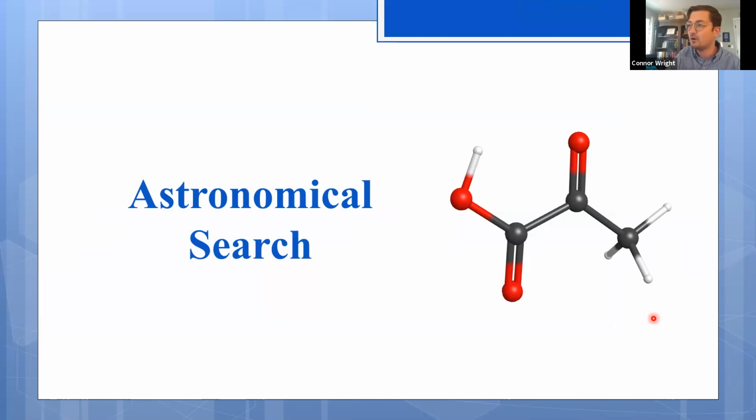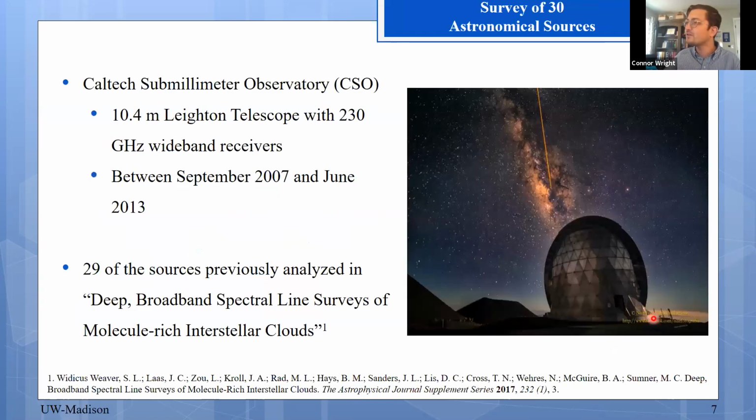Previously in our group, before I joined, there was a survey done of about 30 astronomical sources, and these emission spectra were collected by the Leighton telescope at the Caltech Submillimeter Observatory between September 2007 and June 2013. 29 of these sources were previously analyzed in this paper that I cite here, Deep Broadband Spectral Line Surveys of Molecule-Rich Interstellar Clouds.